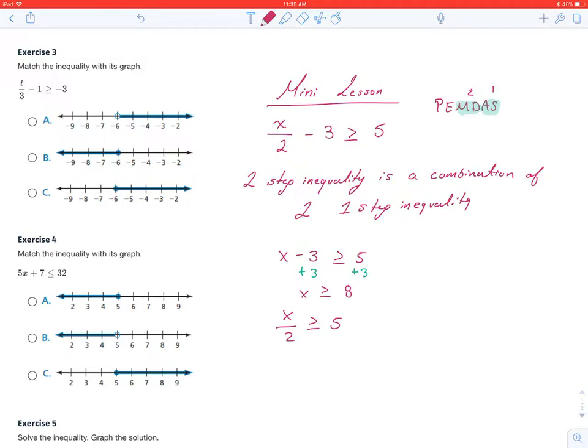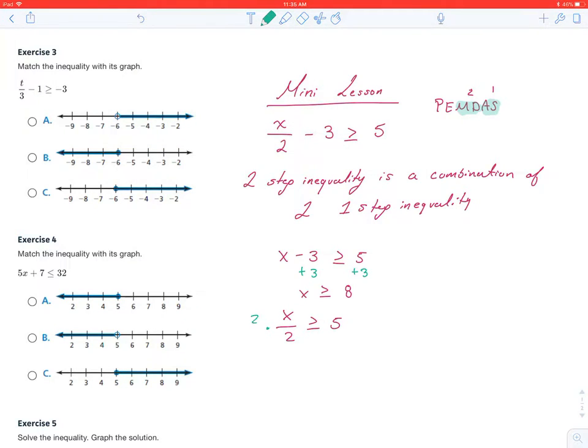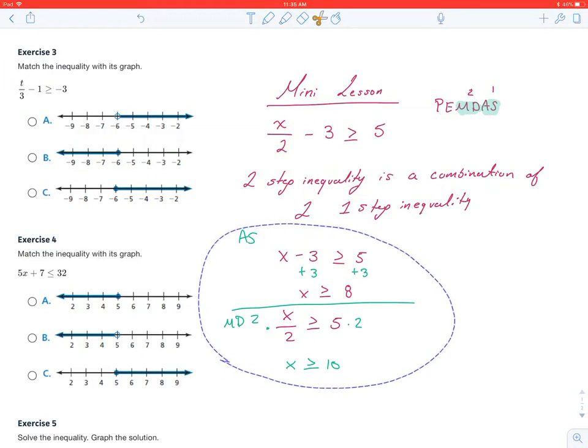And if it was just x divided by 2, since that 2 is on the bottom, I would multiply by 2 on both sides, and that would give me x is greater than or equal to 10. Those are each one-step inequalities. This was addition, subtraction. This was multiplication, division. A two-step inequality is simply a combination of both of them.